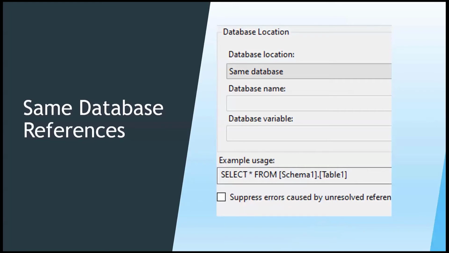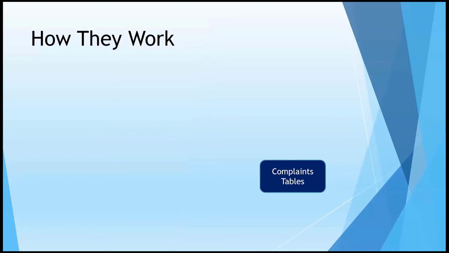So we're going to move on here to what I think is the biggest overlooked feature in database projects, and that's same database references. That's where you refer to another project as if it's part of the same database as your project. And very quickly, I'll take you through an example.